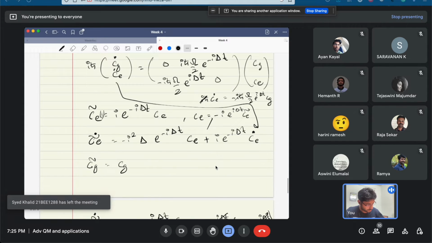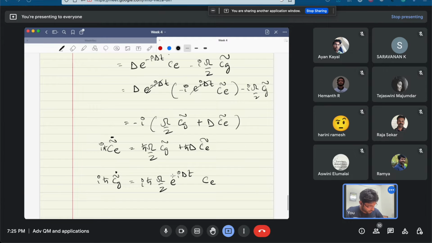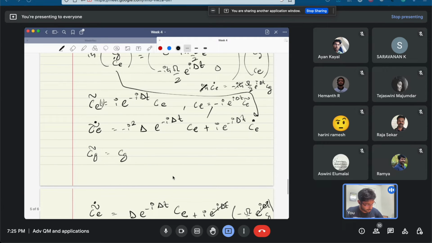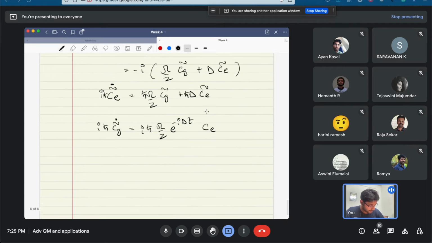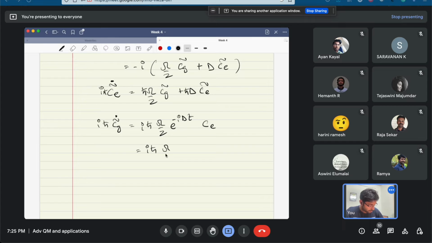Just checking once, minus i, right? And CE we have just seen is written in the form minus i e to the power i delta t CE tilde. So this again gets cancelled out and we are left with, okay, i gets squared, so we don't have a minus, we have h bar omega by 2 CE tilde.